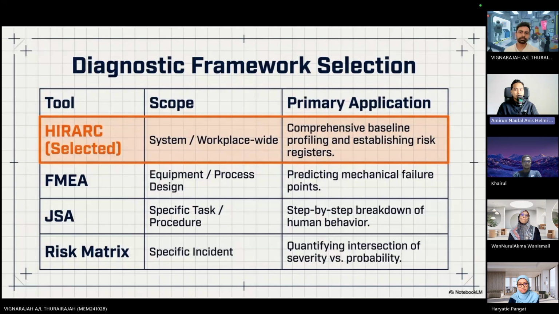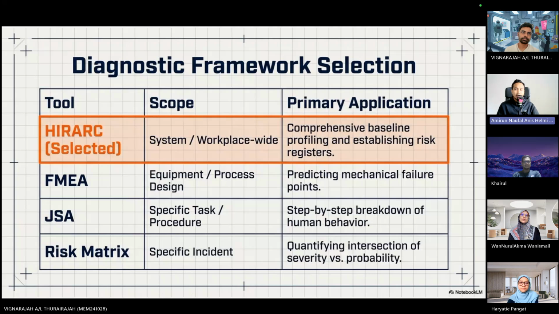If we used job safety analysis, the process of hazard identification and risk control would be quite detailed and need more pages. That's why we use HIRAC instead of JSA. Last, we have tools like the risk matrix, which focuses on specific incidents, while our case study is only on the work activities related to the company's process. So that's why we are going to use HIRAC for our case study.